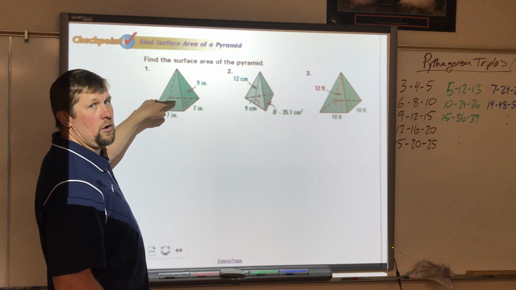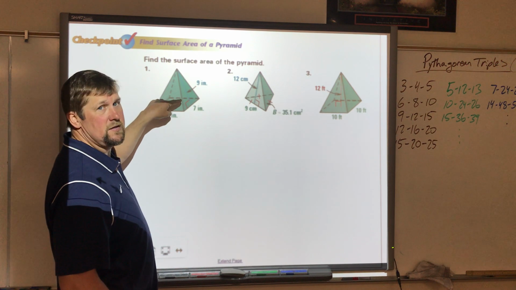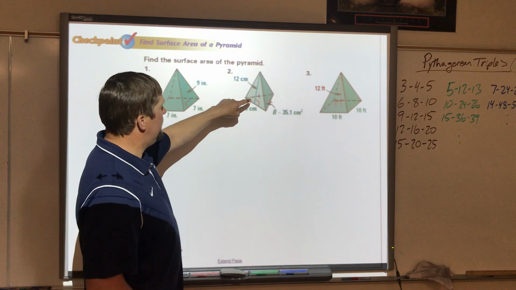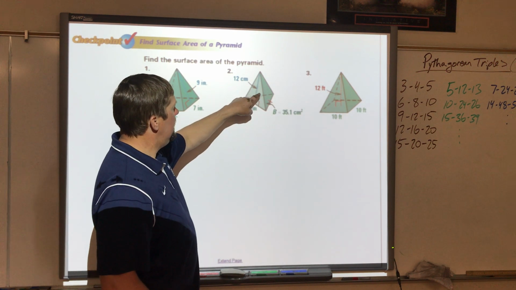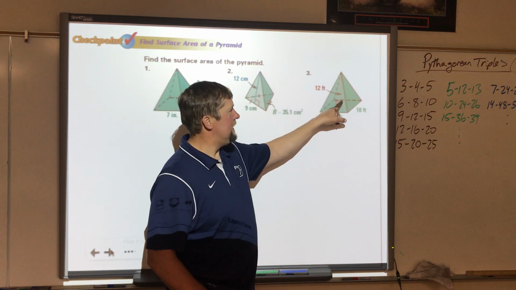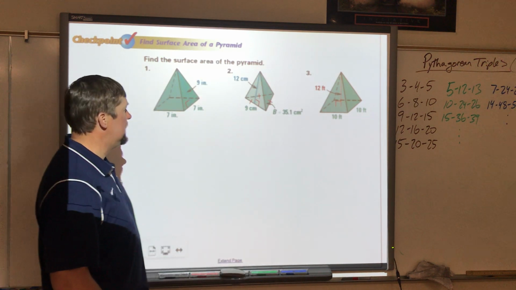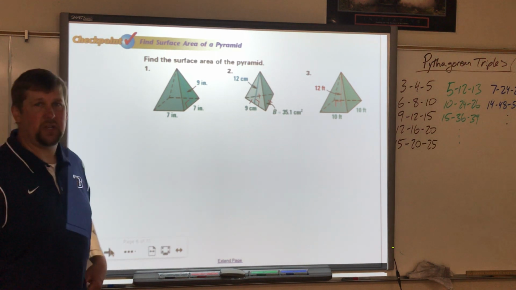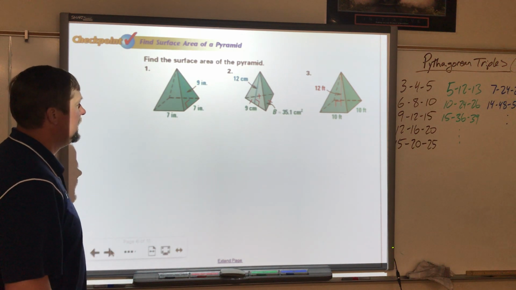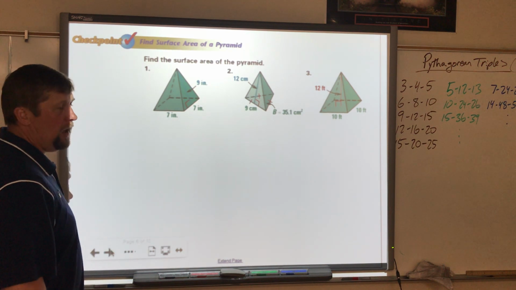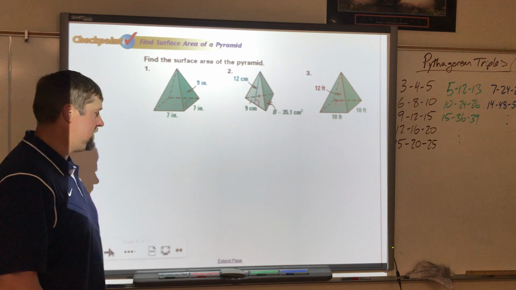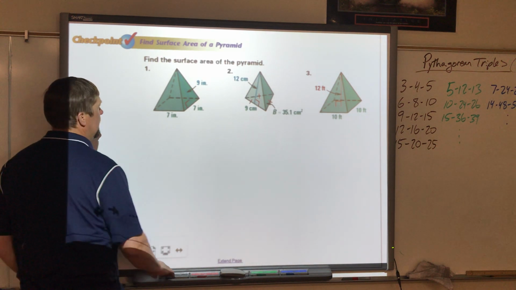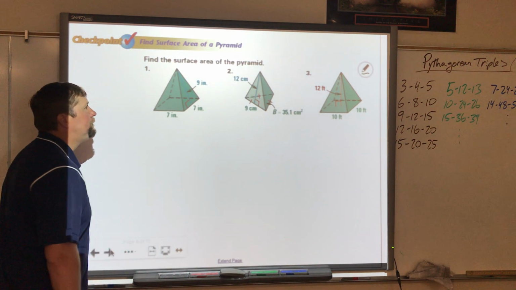We don't need to know the height when we find surface area. They give us the slant height here, but here they give us the height, not the slant height. So when you do this, go ahead and calculate the slant height first on number 3 before you calculate the surface area. I'll work through these here in a minute. Pause the video, try them, and then come back and I'll get through them.